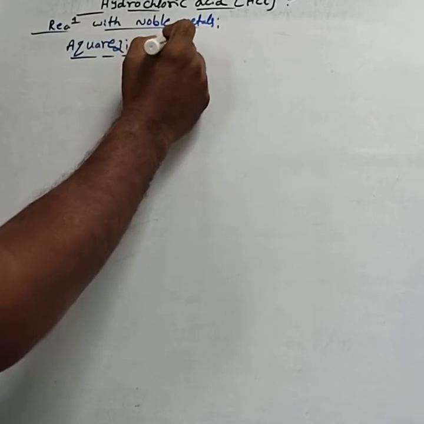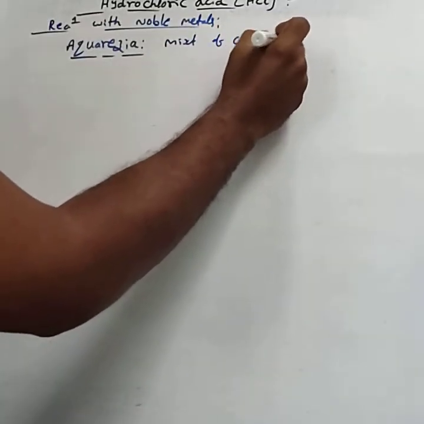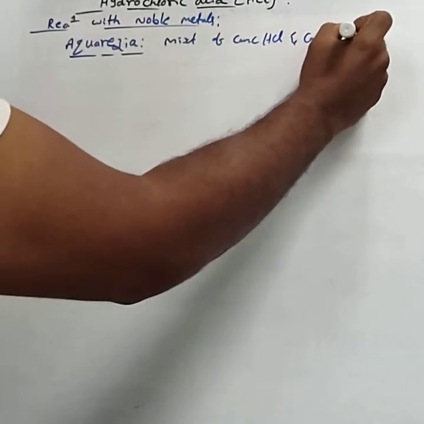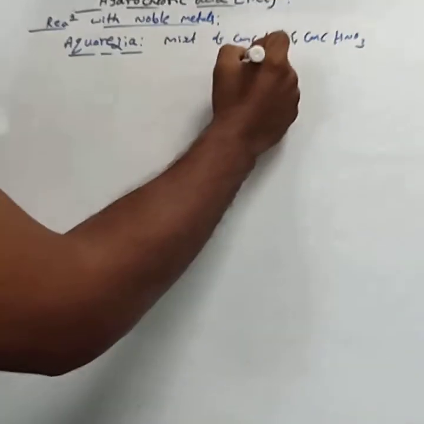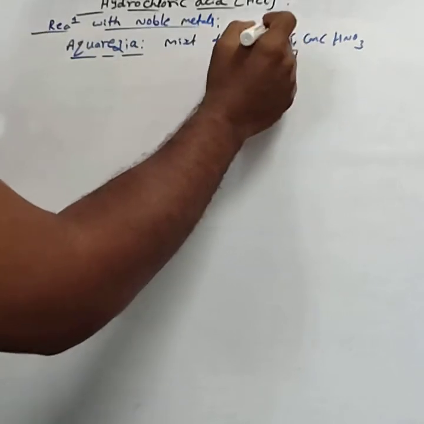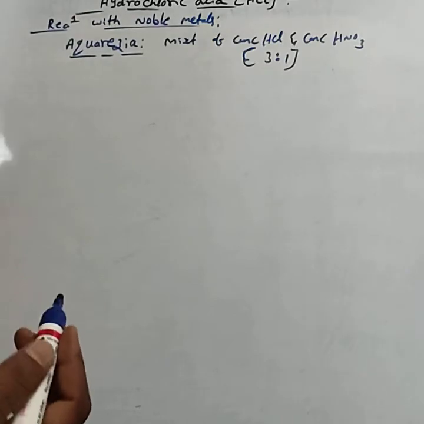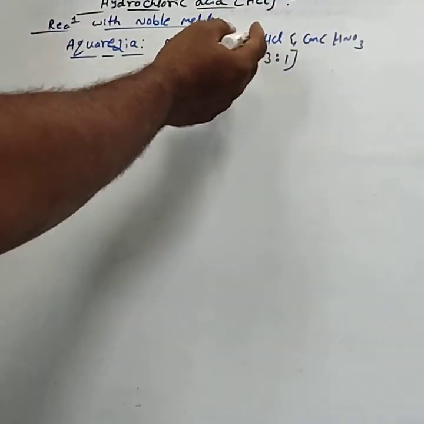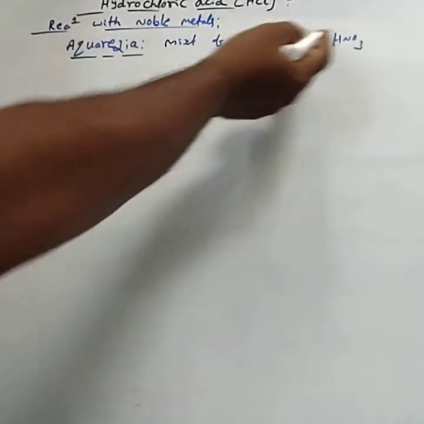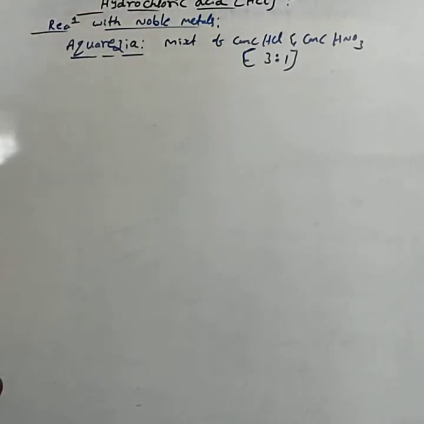Aqua regia means the mixture of concentrated HCl and concentrated HNO3 in the ratio 3:1. That is, HCl is 3 volumes and HNO3 is 1 volume. That mixture we call aqua regia.